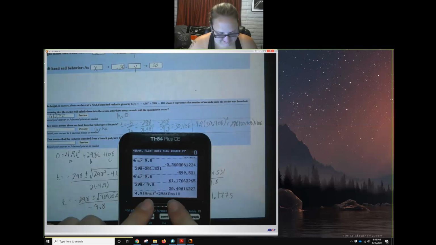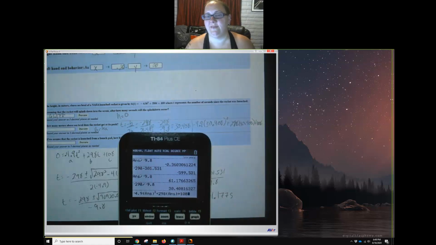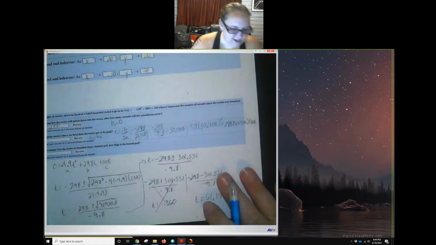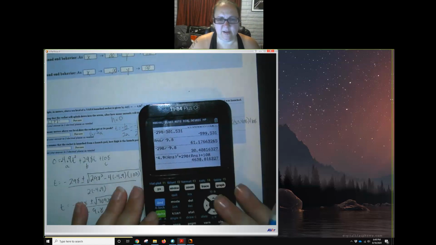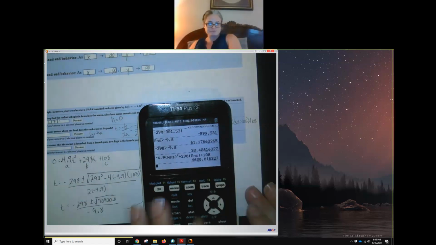This is second and then the negative sign, and that just means whatever the last thing that you found. So that way I don't have to keep on typing 30.408. Laziness. So 4,638, how many decimal points do they want? 3? 4,638.16.